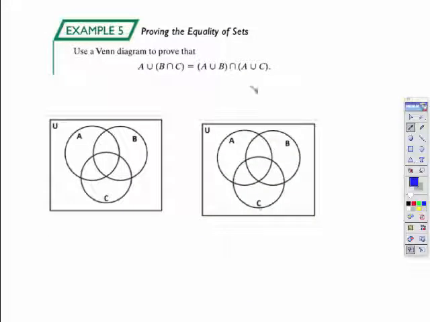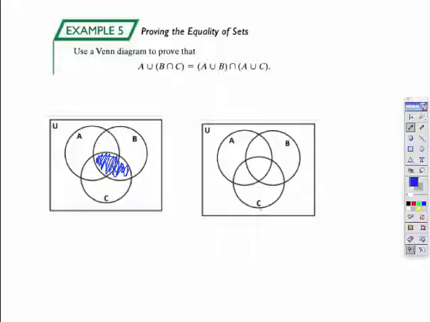Here's a little more complicated problem. We want to use a Venn diagram to prove that this set and this set are equal. Now, if it says prove that they are equal, they are equal. They better work out to be the same. So to do this color-wise with the Venn diagram, I need to do B intersect C, and I know B intersect C is all of this.